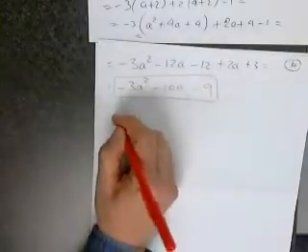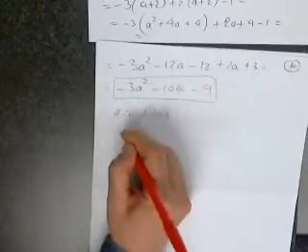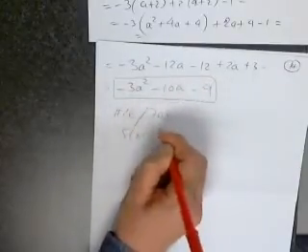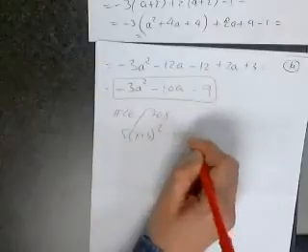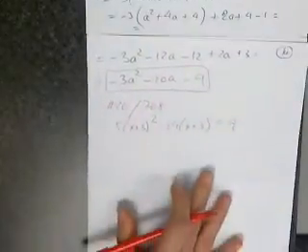Here's the first one, 26, on page 708 first. 5(x plus 3) squared minus 19(x plus 3) equals 4.